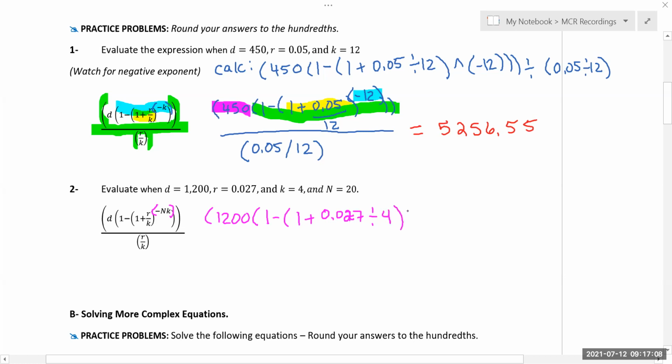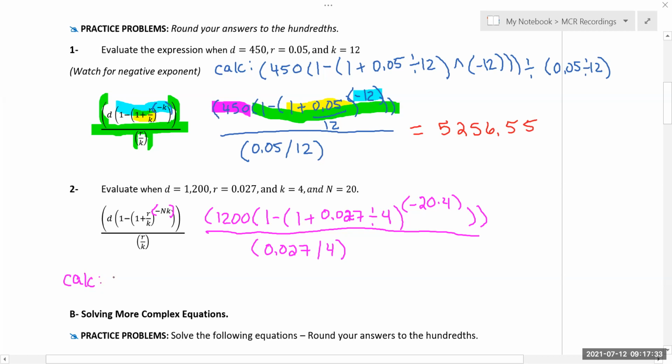And right here, I'm going to put it in as negative 20 times K, or you could put it in as negative 80. And there was a 1, 2, and then all of that divided by R divided by K. All right, so how this would look in the calculator is parenthesis, 1200.